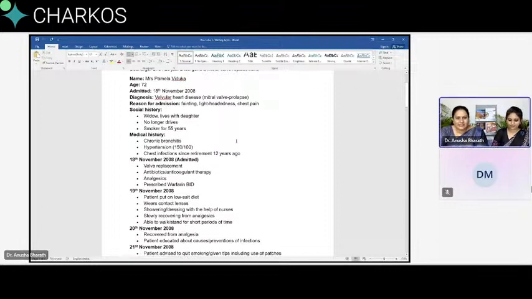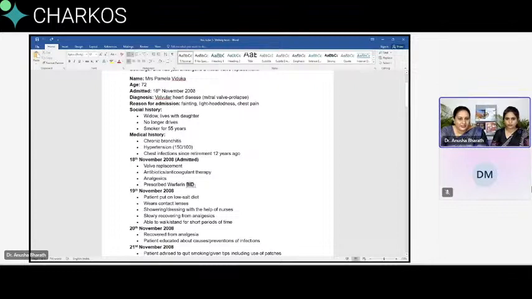Medical history says that she has chronic bronchitis, hypertension, which is a slightly elevated one, 150 by 100, chest infections since retirement 12 years ago. 18th November 2008, she was admitted. So valve replacement, antibiotics, anticoagulant therapy was given, analgesics, and she was prescribed warfarin.